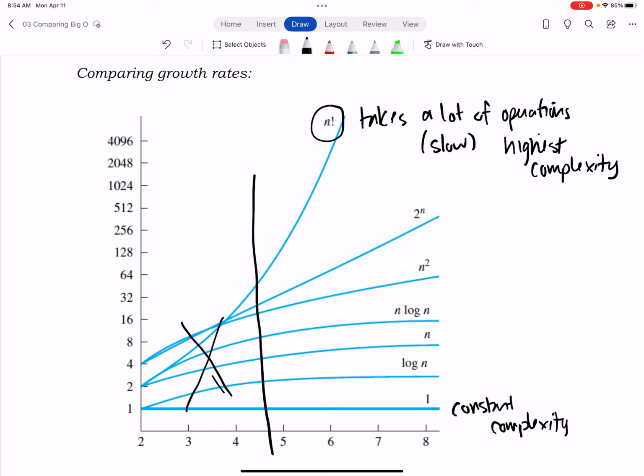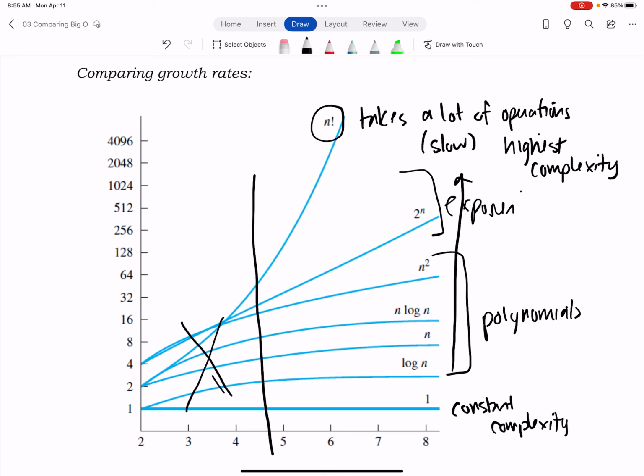Some things to keep in mind as we go up the chain here: the powers go up. Polynomials come down here. And then comes exponentials. And then comes factorials.